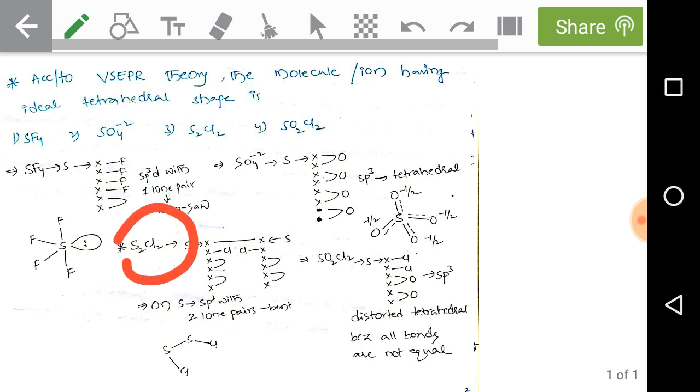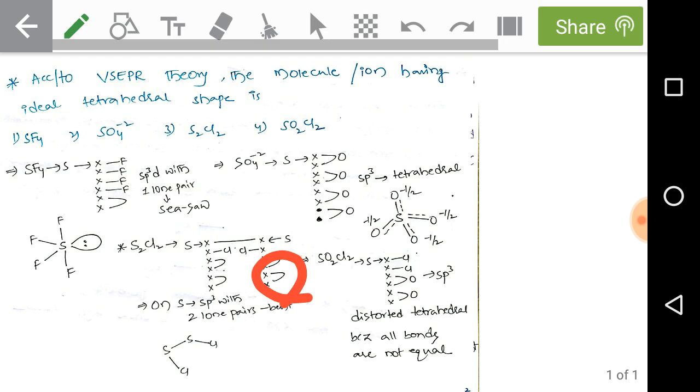Now come to S2Cl2, where we can expect one sulfur-sulfur bond. The electron contribution is there for making the sulfur-sulfur bond, and one electron of each sulfur makes a bond with chlorine. We have 6 electrons on each sulfur. One electron is for the sulfur-sulfur bond, and another electron is for making a sigma bond with chlorine.